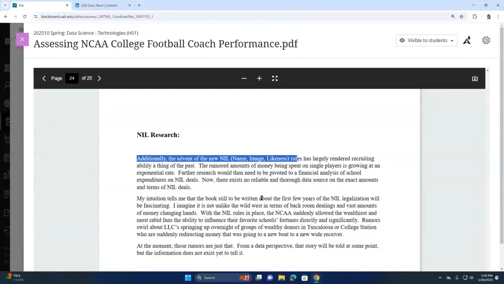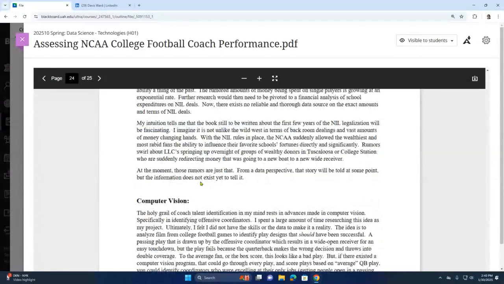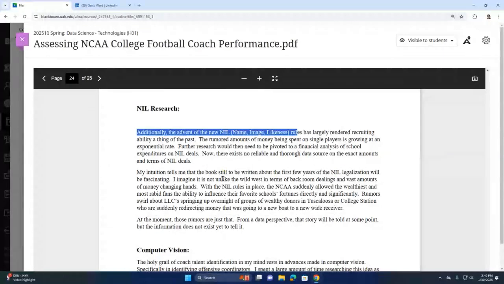Will players choose schools based on which schools can give them the best deals when it comes to getting paid to play college sports? So that's a big issue for him. He did not know how that was going to impact.